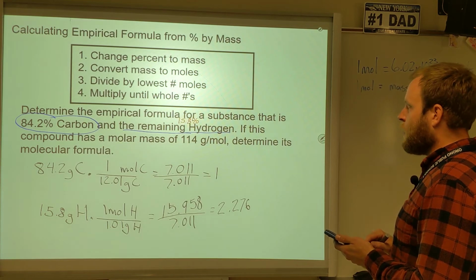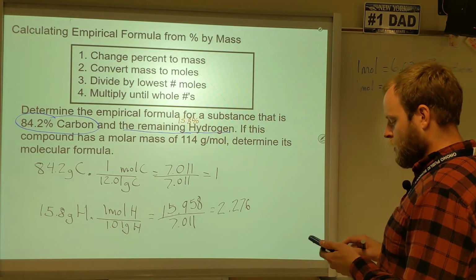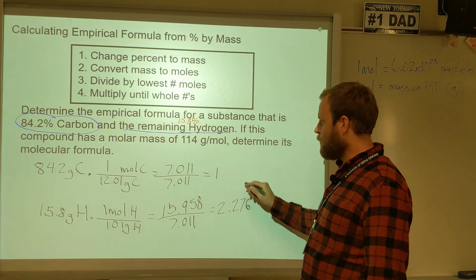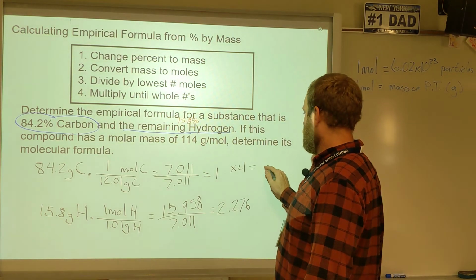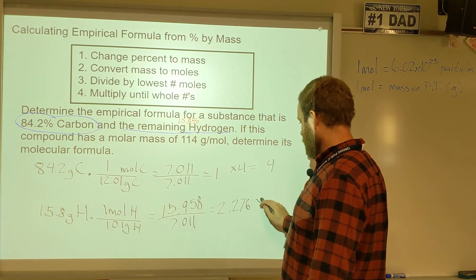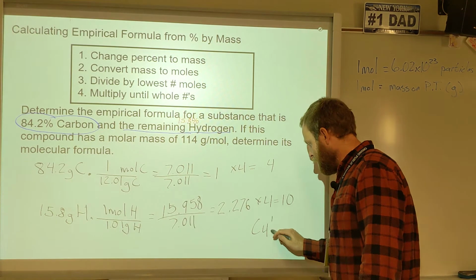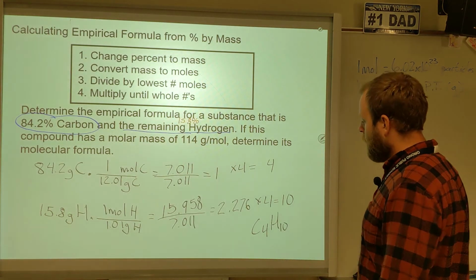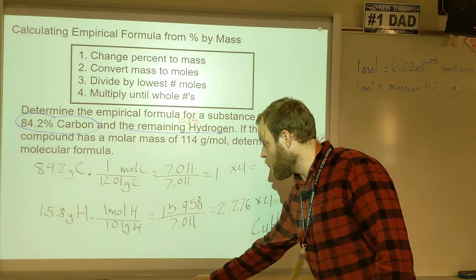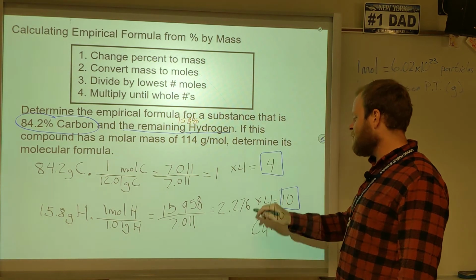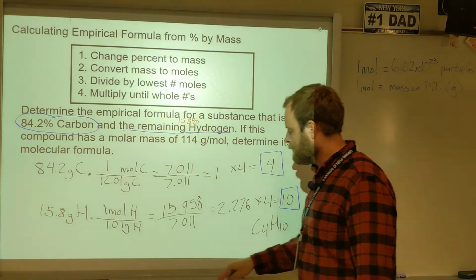Okay, and then we need to multiply these until we get whole numbers. So you need to know your decimals pretty good. This looks like about a quarter to me. So I'm going to multiply all these by 4. So this is 4. Multiply that by 4, you get 10. So it's about C4H10. That's my chemical formula. So after step 4, you should get nice whole numbers or close to whole numbers, C4H10.